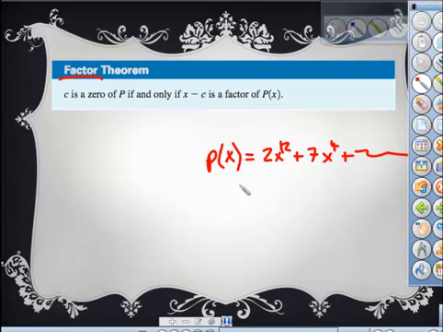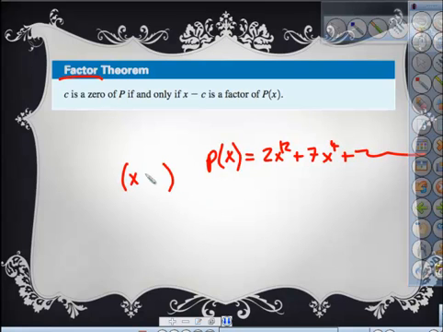Now, what this is saying is if you were to divide that polynomial by something like x plus 3, and you want to know if x plus 3 is a factor or if you're going to get a remainder, what you would do is put in the zero of this, which is negative 3, and substitute it into all of the values.